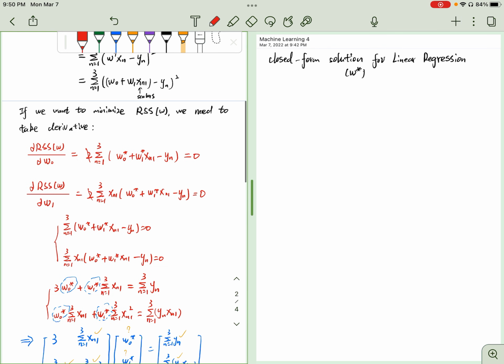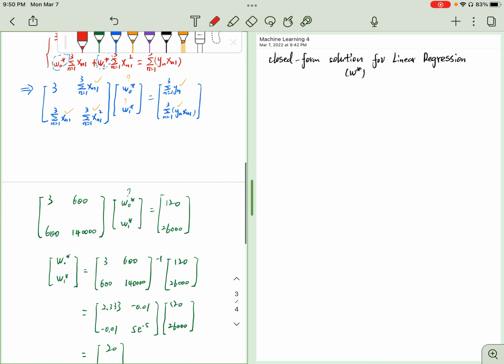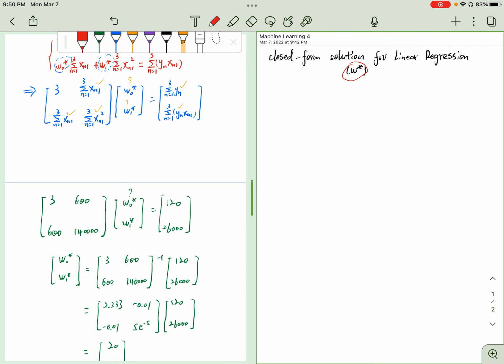It's nearly impossible to calculate this derivative by hand, so we need to ask our computer to calculate this for us.